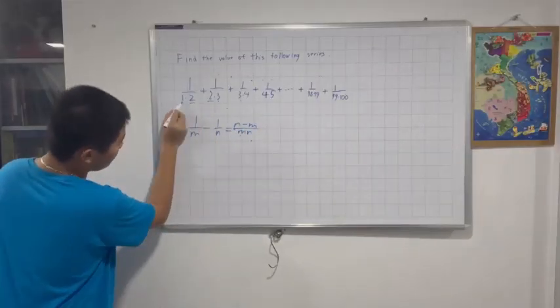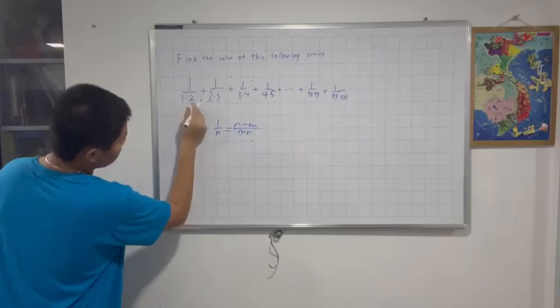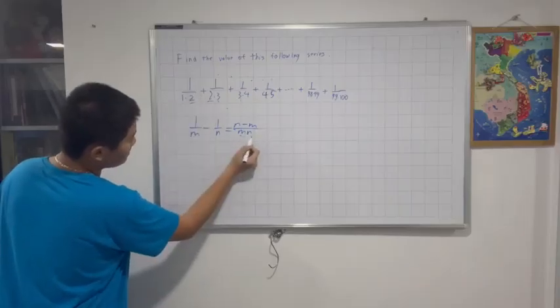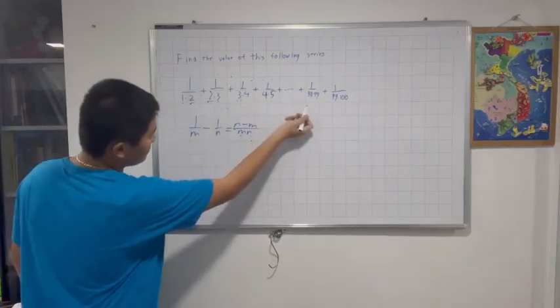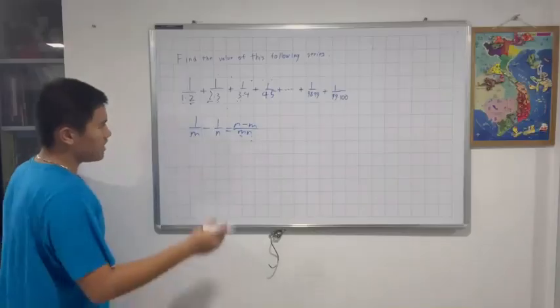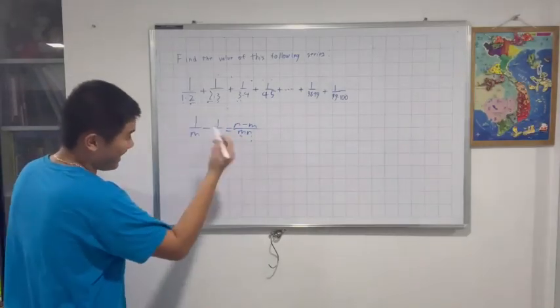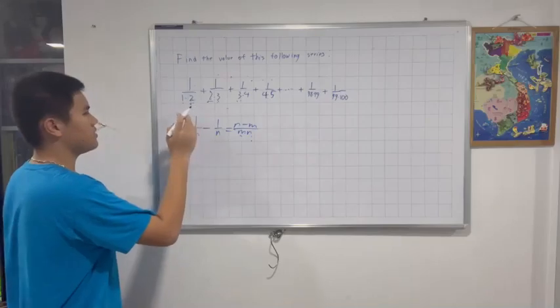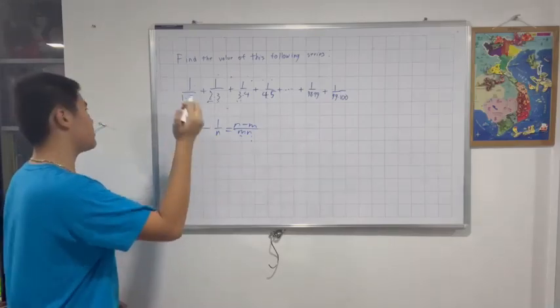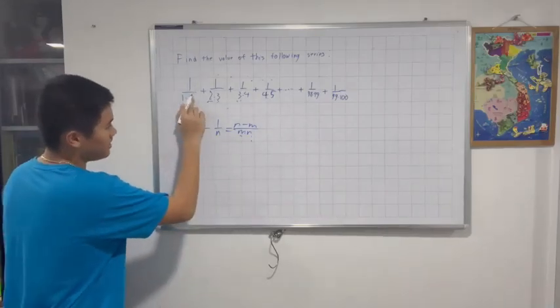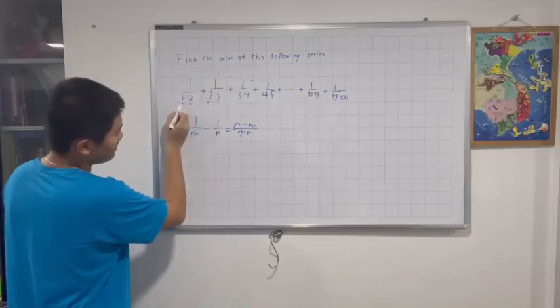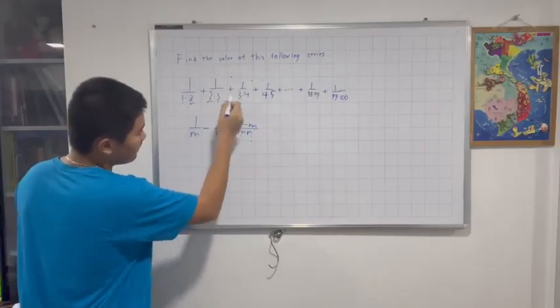You see, the denominator is a multiplication of two numbers, just like each term in this sequence, right? And it's not just any multiplication of two terms. It's two consecutive numbers. You see, 1, 2, 3; 2, 3; 3, 4.